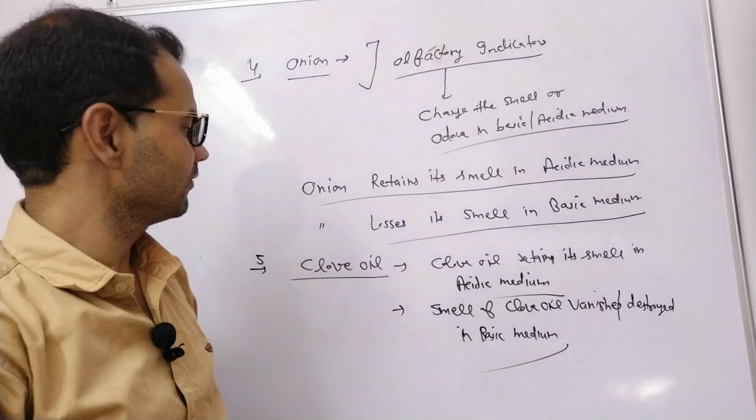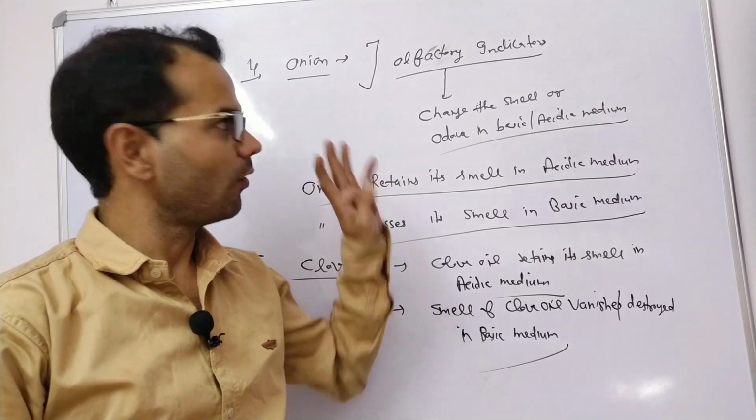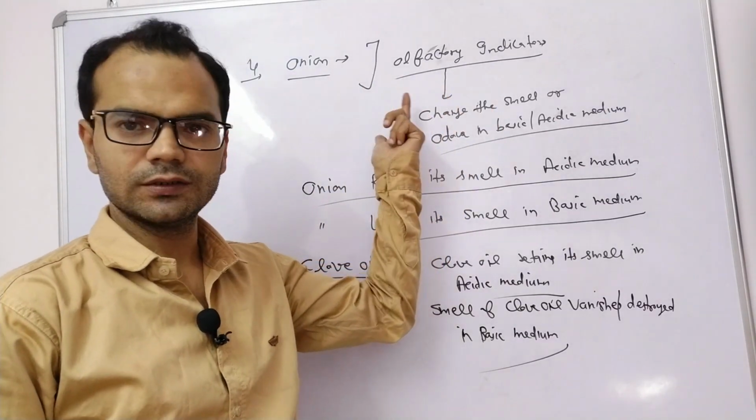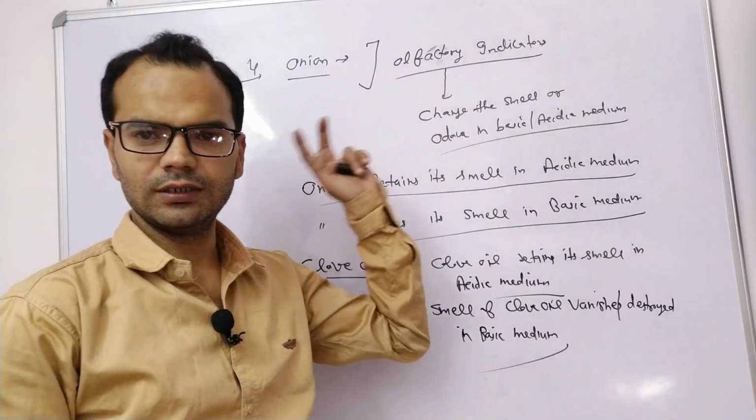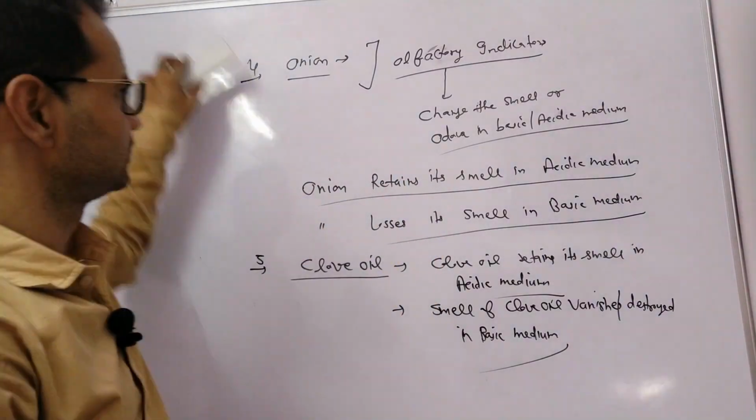So what have we learnt? We have learnt 5 natural indicators. Olfactory indicators are part of natural indicators. Now move to synthetic indicators.